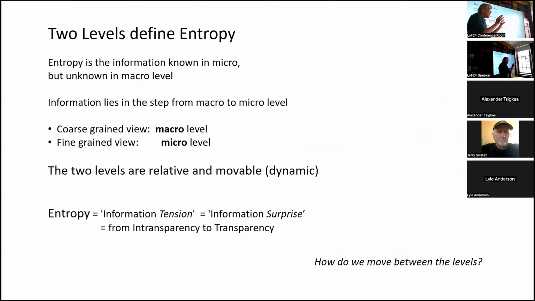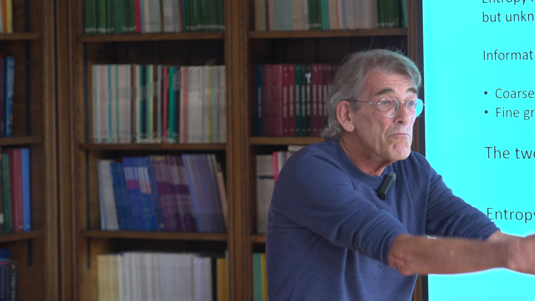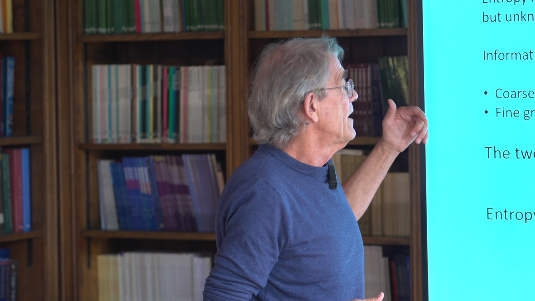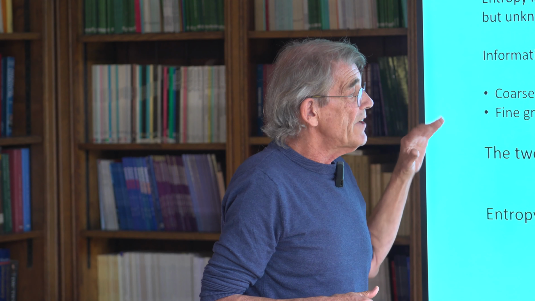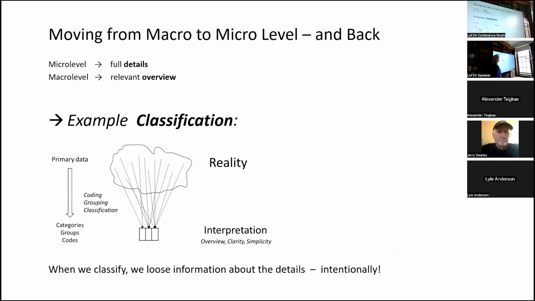So the entropy is something very dynamic because it's moving. When we think and when we live, our mind always moves from the overview to the details and from the details to the overview.